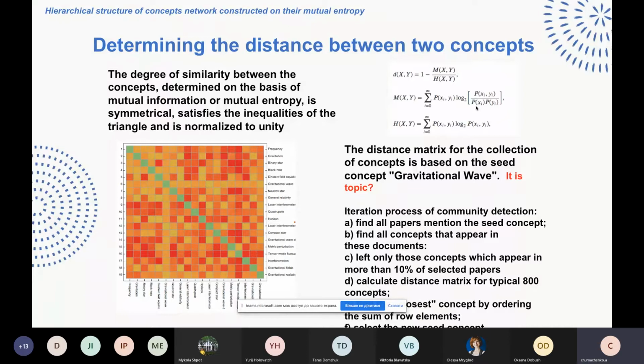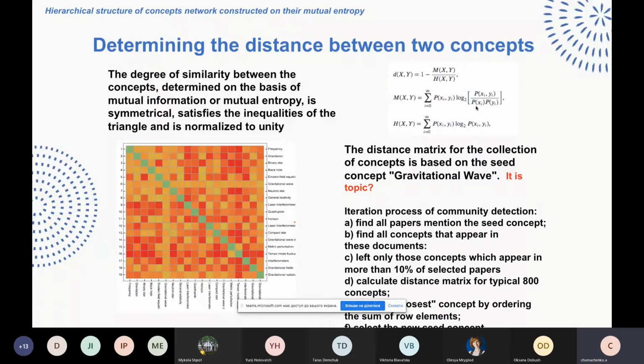After that, we find all the concepts mentioned in these documents, and take only those concepts which appear in 10% of the selected papers. They would be closest to this seed concept.